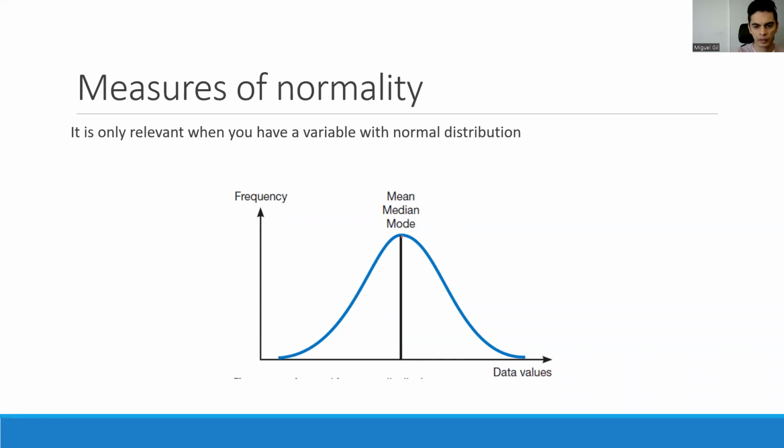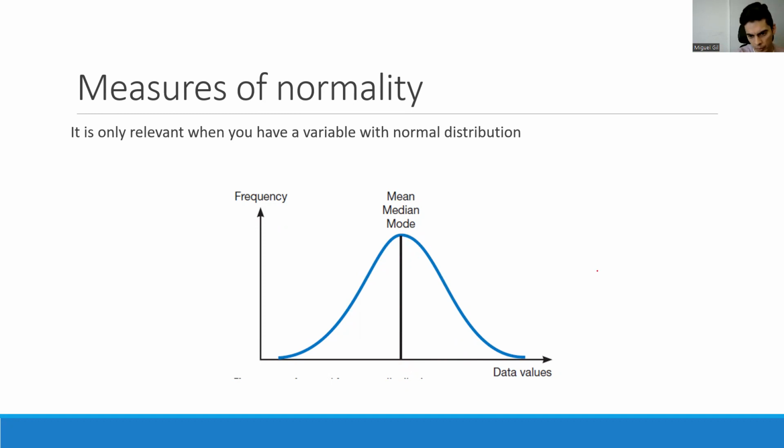A normal distribution is a distribution where most of your observations are in the middle, around the mean. Half of them are on the right and half of them are on the left. The other thing is that it also has this shape.